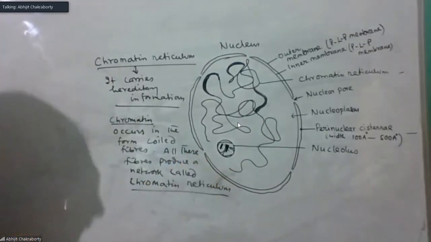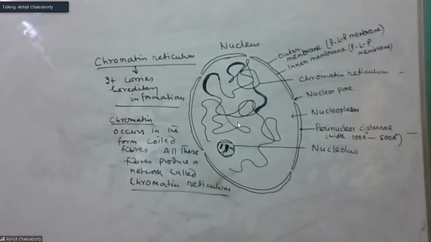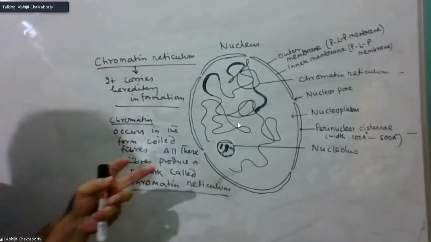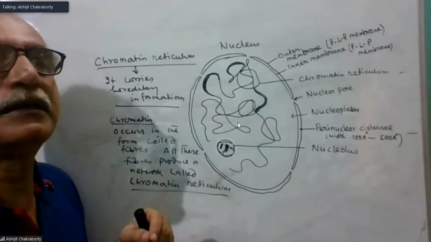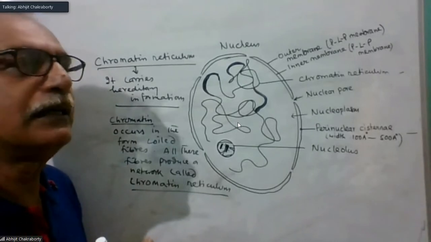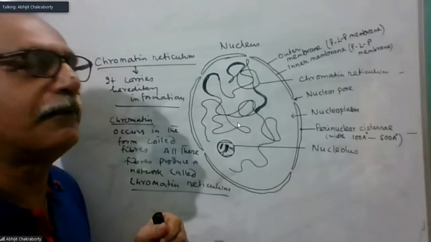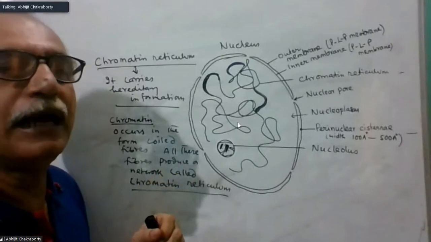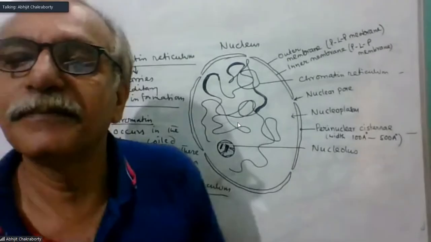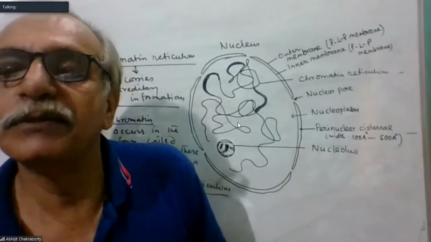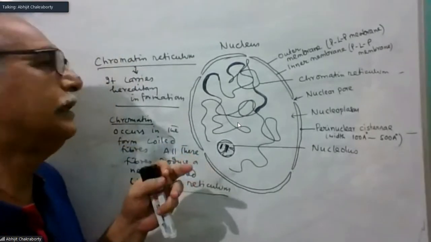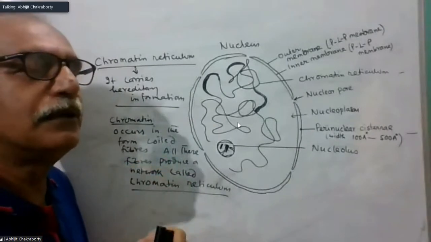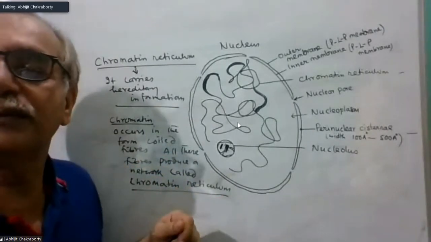So what is chromatin? Chromatin is actually the chromosomal material. It is not visible during interphase. It forms this chromatin reticulum, and during cell division, this chromatin reticulum opens to form the chromosomes.